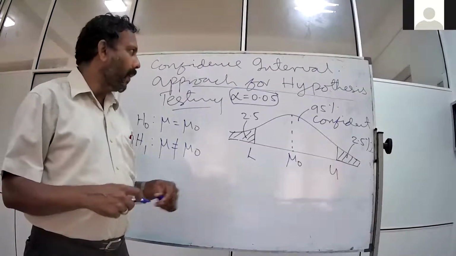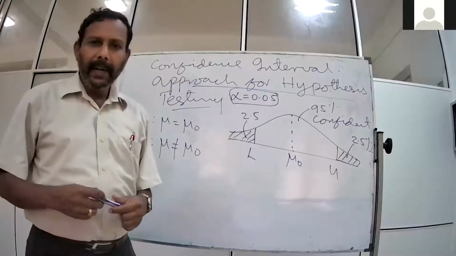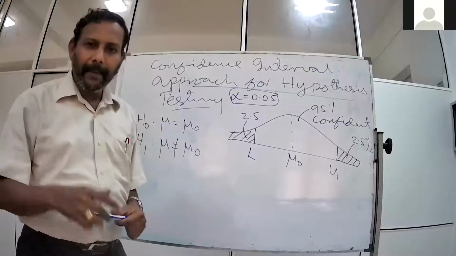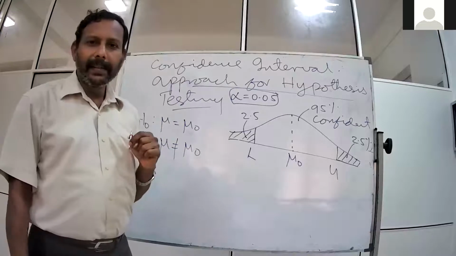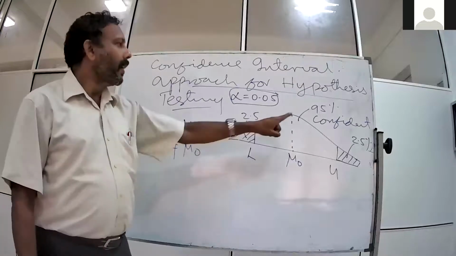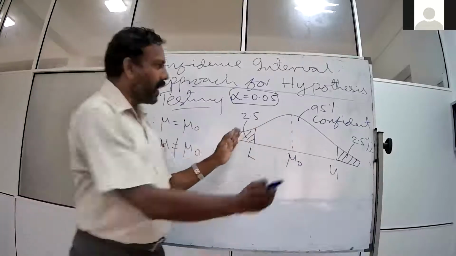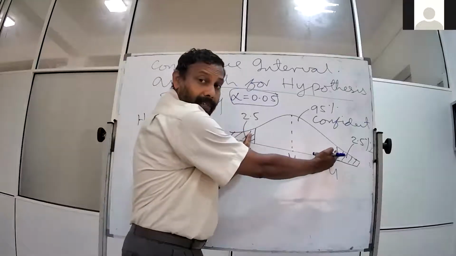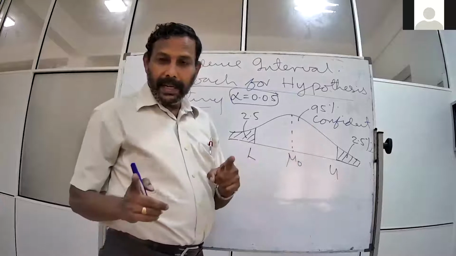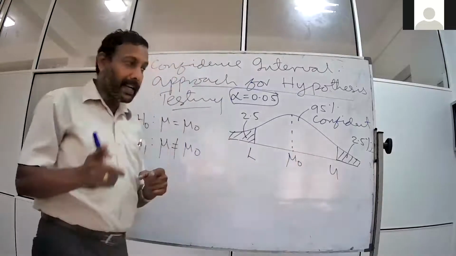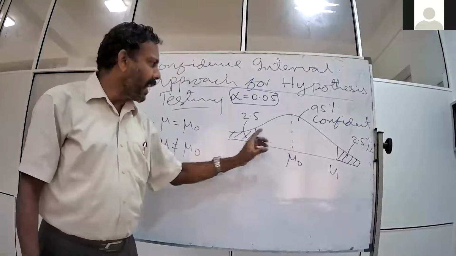In percentage, if alpha is 5%, what is 1 minus alpha? 95%. So you see, this area covers 1 minus alpha, which is 95%.